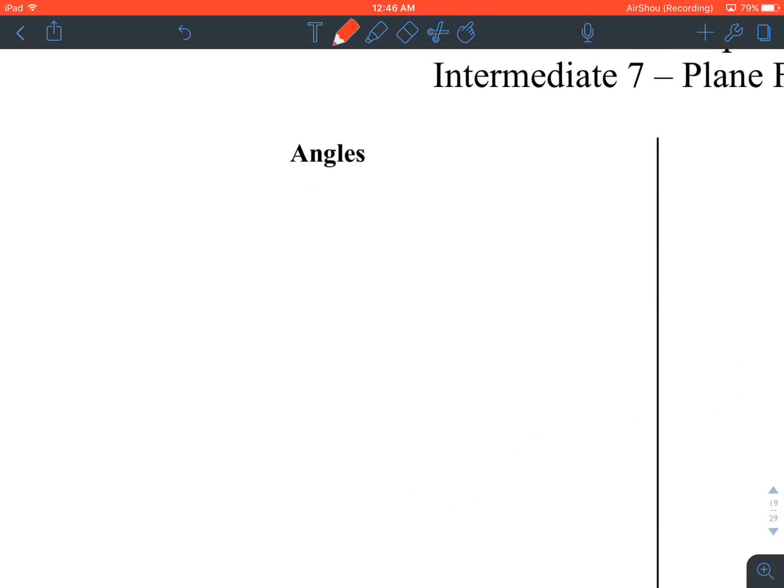Well, before we talk about an angle, we got to talk about a ray. A ray essentially is a segment that goes forever in one direction. Not a band, in just one way.